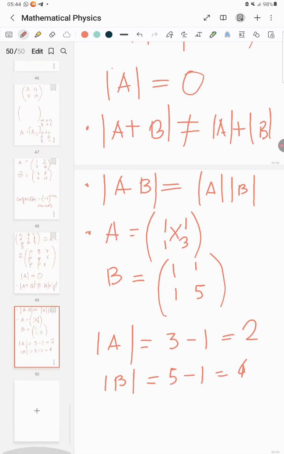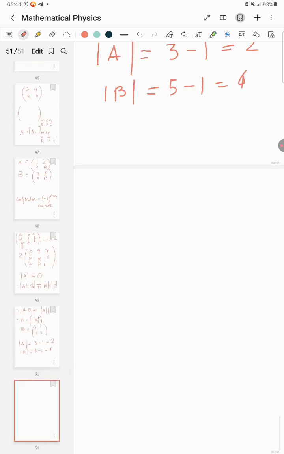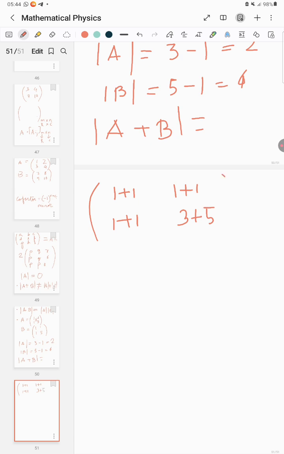Now A plus B. So finding modulus of A plus B, that is determinant of A plus B, let us first find the matrix for A plus B. So the matrix for A plus B would be 1 plus 1, 1 plus 1, 1 plus 1, and 3 plus 5, right?